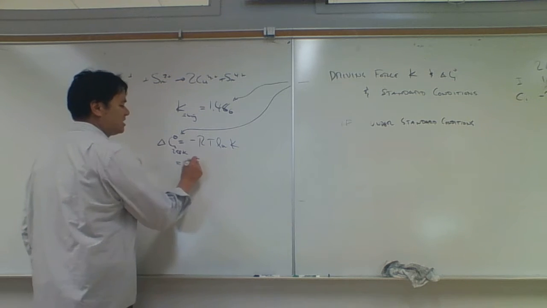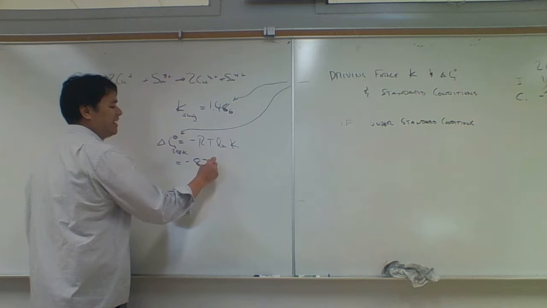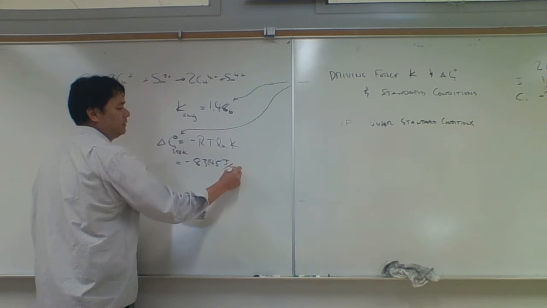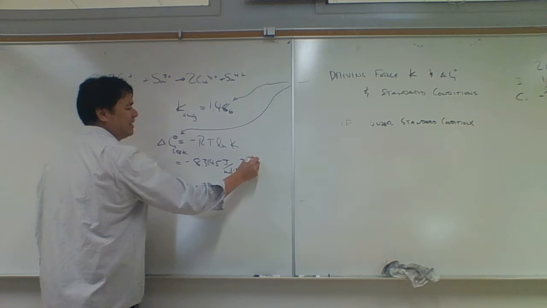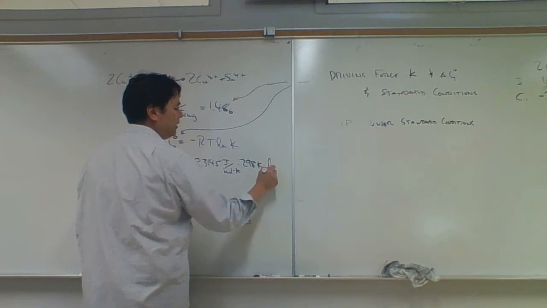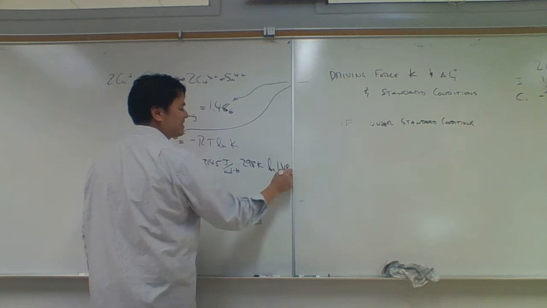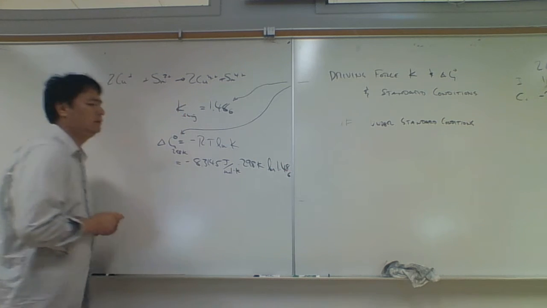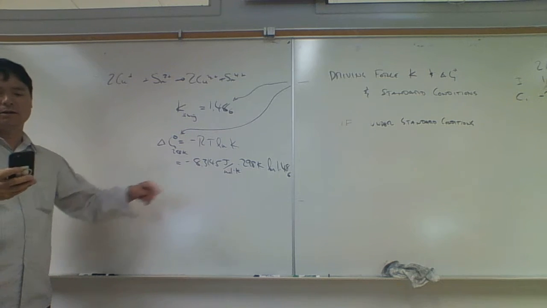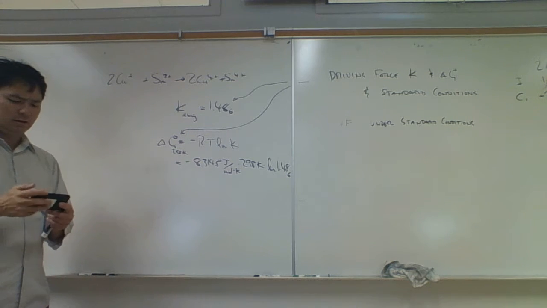What's R? R is 8.3145 joules per mole Kelvin. What's T? 298 Kelvin. Ln of 1.486. Did anybody calculate? This should be pretty quick and simple, I would think. Nobody got it?